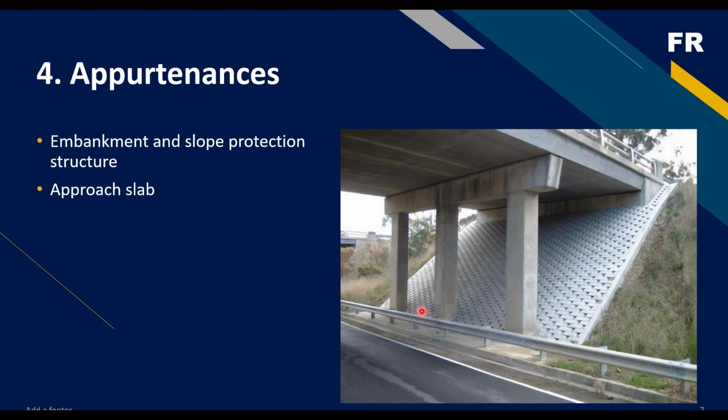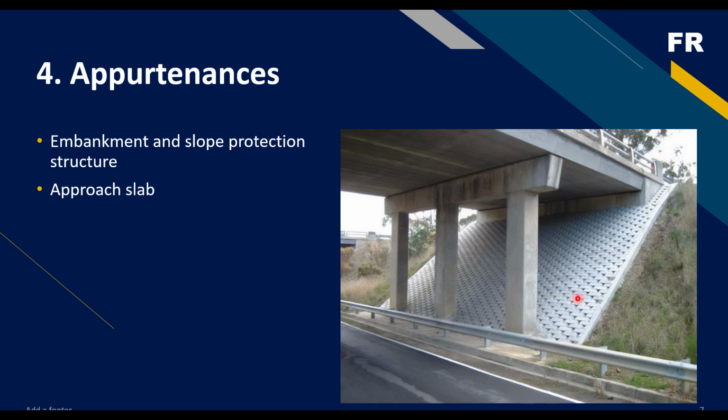Examples of appurtenances are embankments. Embankment is important, especially at the start and at the end of the bridge where we have the abutment. So you need to provide embankment and slope protection structures. These are appurtenances to support the bridge and also to prevent soil failure. This image is showing a typical example of a slope protection.